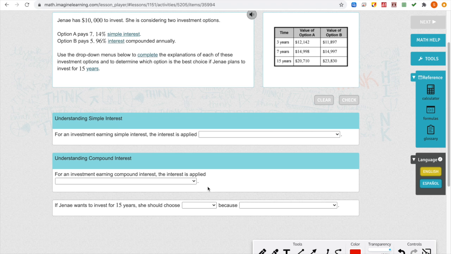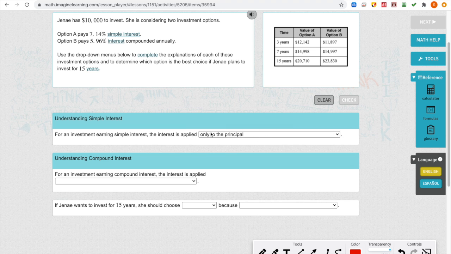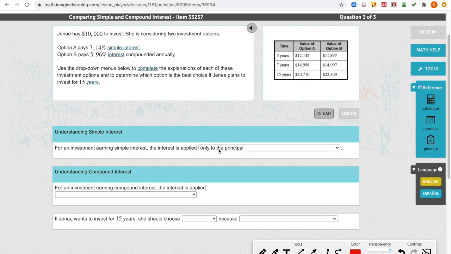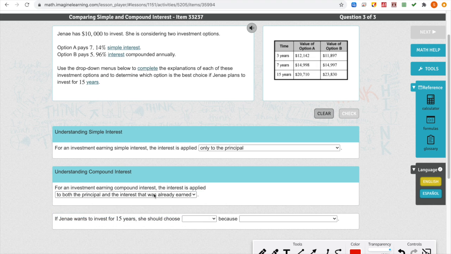So these are just things we need to know. For an investment earning simple interest, the interest is applied only to the principal. It's going to ask you this question a million times. You guys need to know it. So it's simple. It's only to the original amount. Now compound interest, it's to the original amount and what it earns.